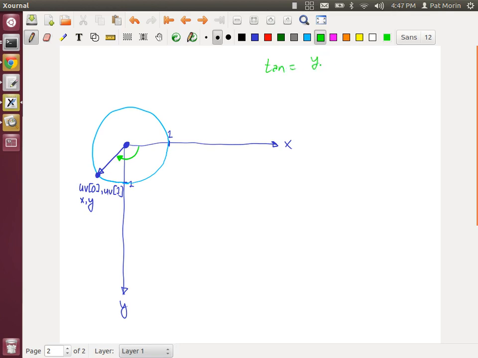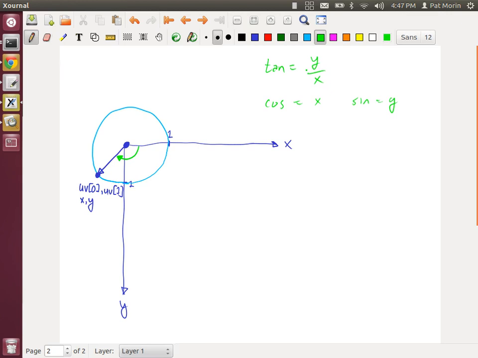If you use opposite over adjacent, what is that? So tan is equal to, well, I'll call that y over x. Cos is the one that's equal to x, and sine is the one that's equal to y.